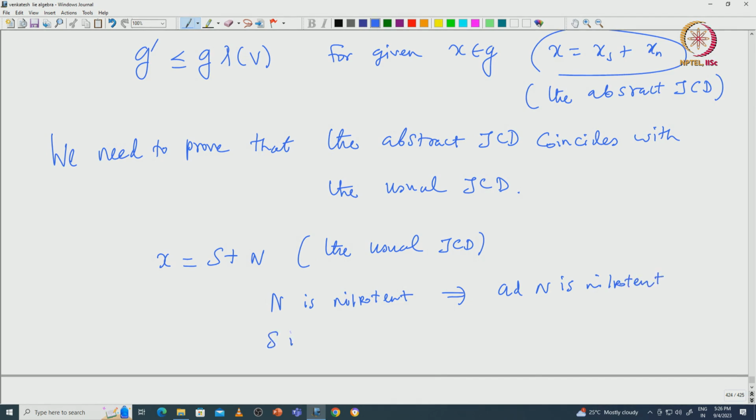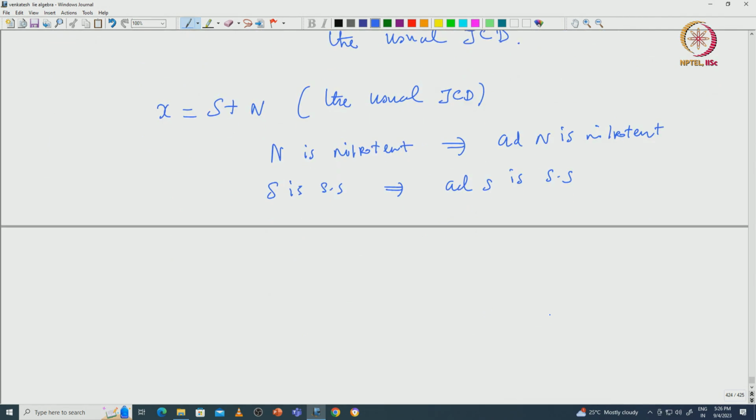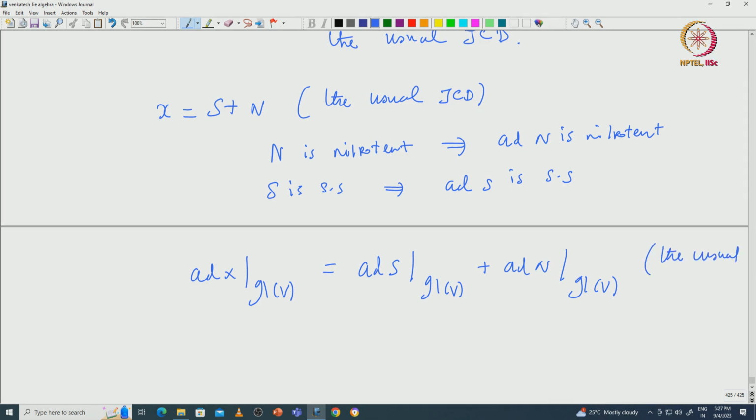Similarly, s being semisimple would imply that add s is semisimple. In particular, if you look at add x as a map on GL of V, you get add x equal to add s on GL of V plus add n on GL of V. So, this becomes the usual Jordan decomposition.